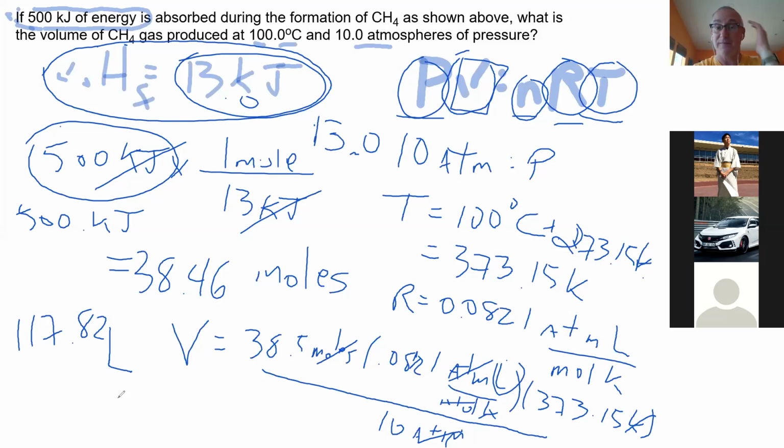But you're right, so it would be 2. The correct answer would be 120, but I also would have accepted 118. 117.82 is definitely too many. So you use the information from the last problem to inform this problem.